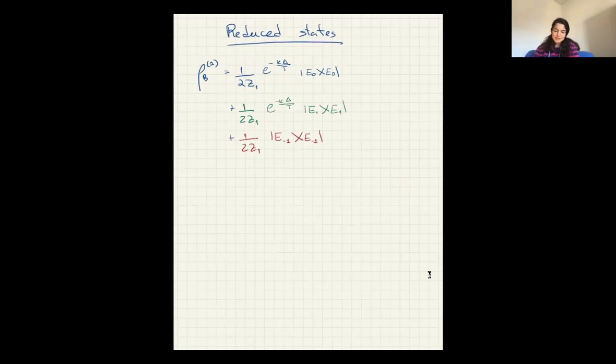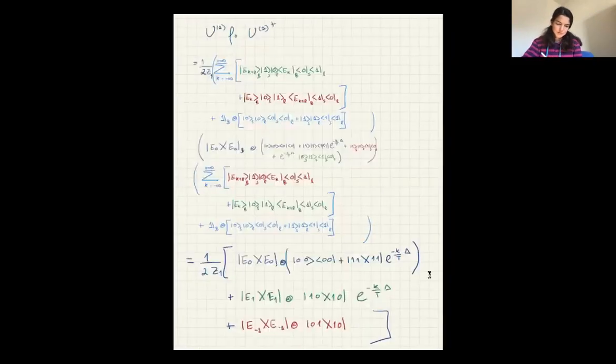But what's relevant here is that this probability here is larger than this, right? So the probability that it goes down is larger than the probability that it goes up. I think this factor of 2 here is too much. Yeah, it is too much because we have two terms here. So sorry about that.